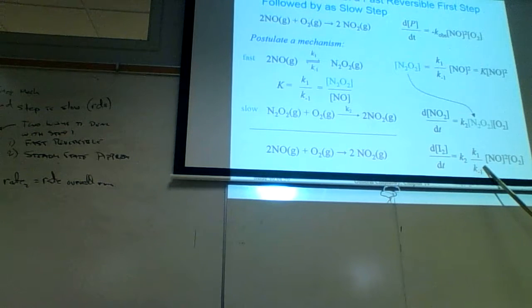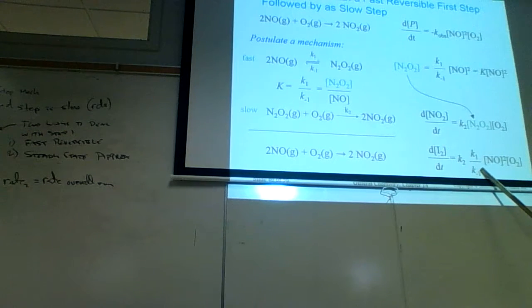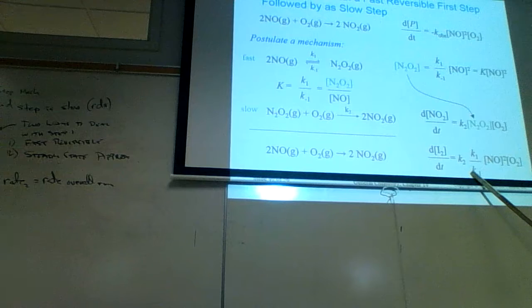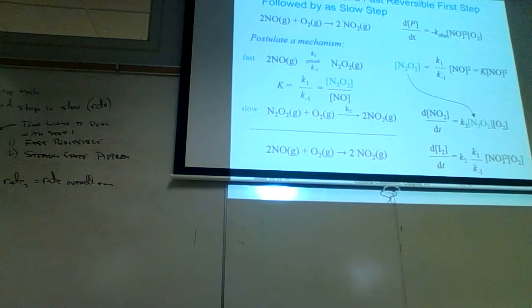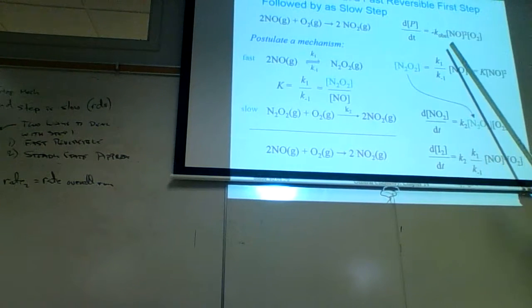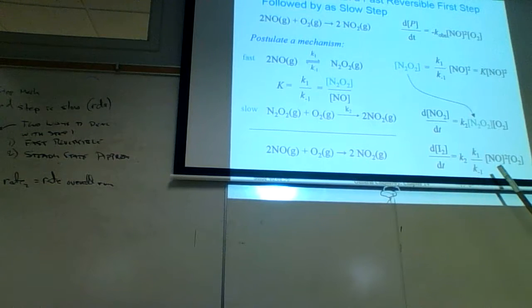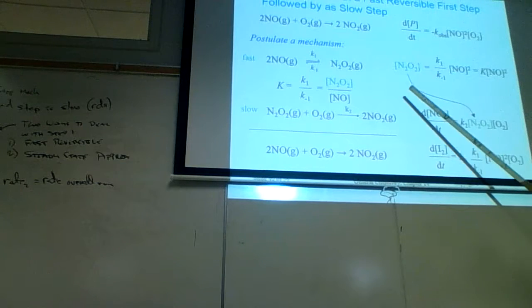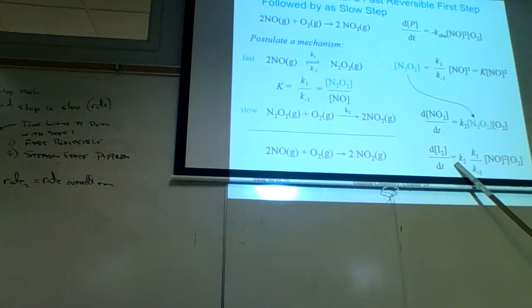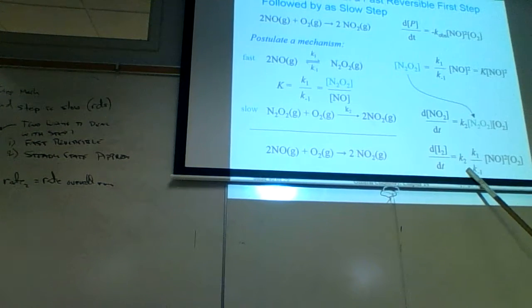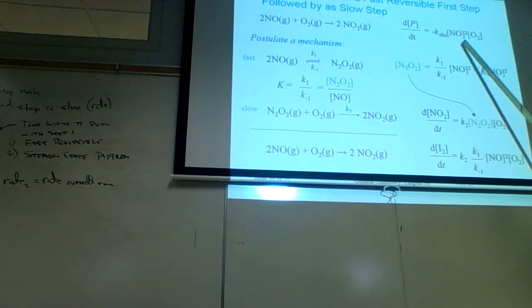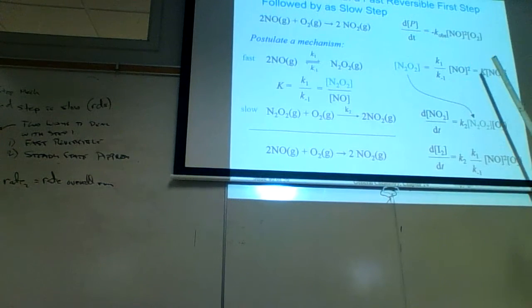K2, K1, K minus 1, we can combine into one constant, which we'll call K prime. So K prime will be K observed here. And then when we look at the kinetics, it is second order in NO, first order in O2. And so now the rate law we derive from this mechanism is consistent with the experimentally observed rate law, and they match.